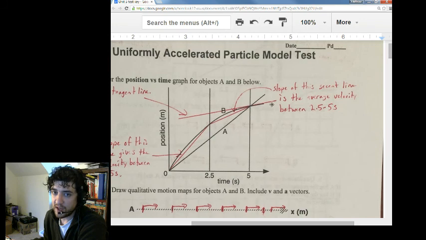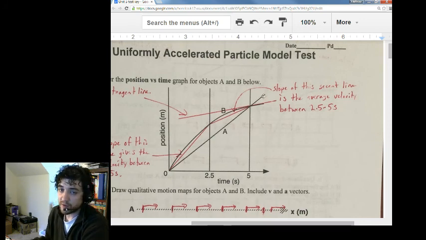That's what it means to be a tangent line. You just touch the curve, and the slope of the line is equivalent to the slope of the curve at that point. And I've drawn this to show that at 5 seconds, if the slope of this line represents the speed of B, and the slope of this line represents the velocity of A, then A is clearly going faster than B.